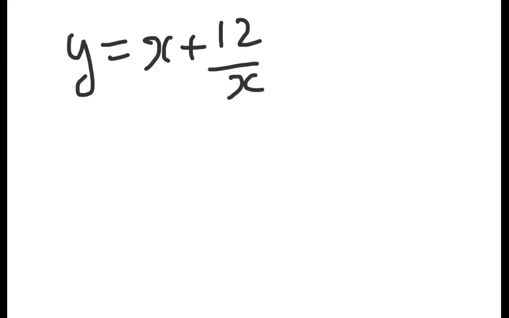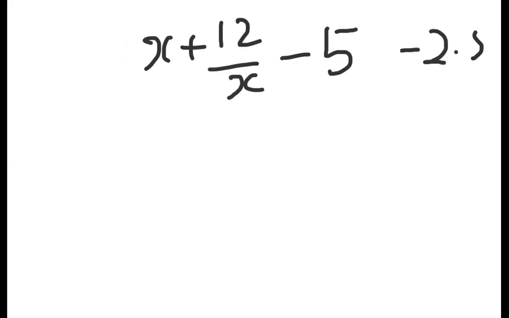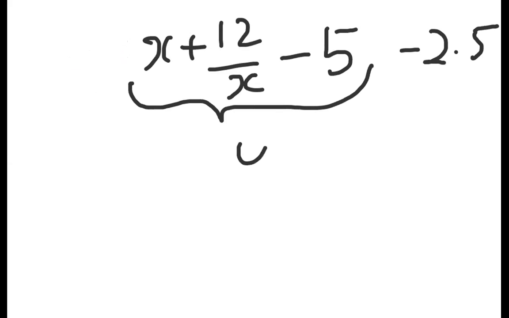So now I have y equals x plus 12 over x minus 5. Correct? And then the other equation, sorry, let me erase all this. I have minus 2.5, so this one is actually equal to y.